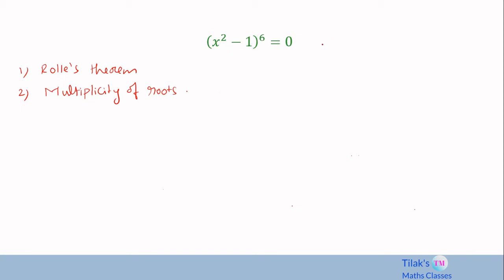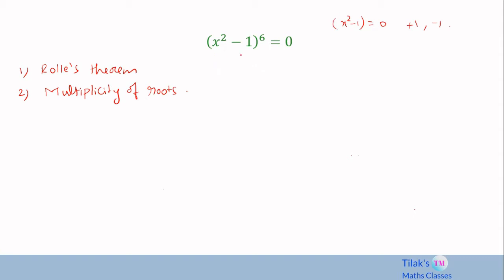Now the roots of x² − 1 = 0 are +1 and −1. So this is (x² − 1) to the power 6. So this equation will have 6 roots which are +1 and 6 roots which are −1.